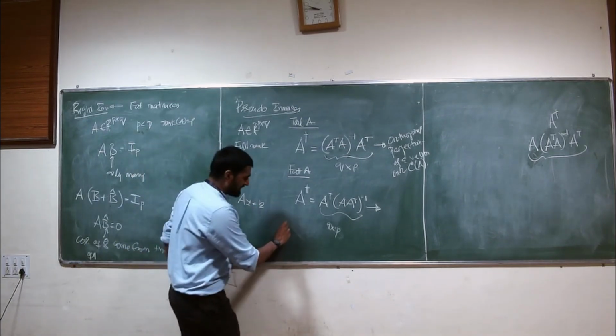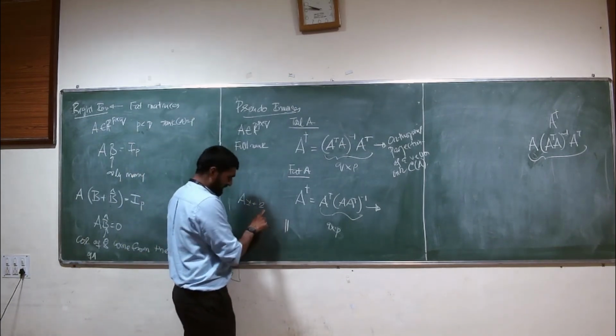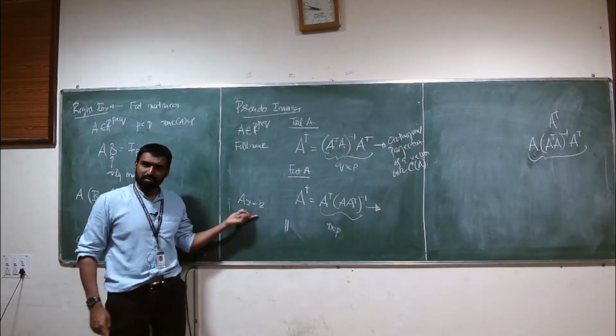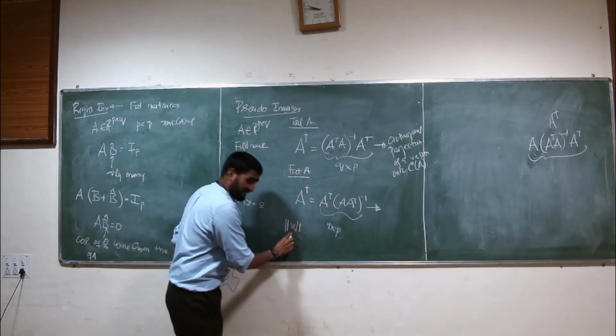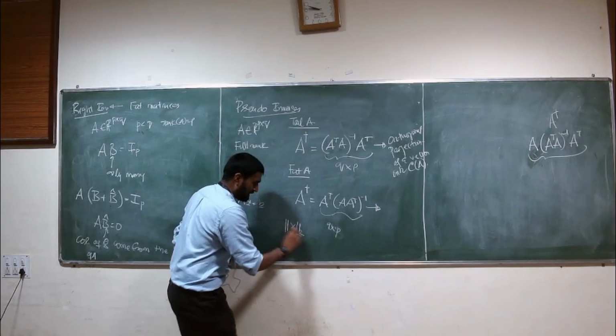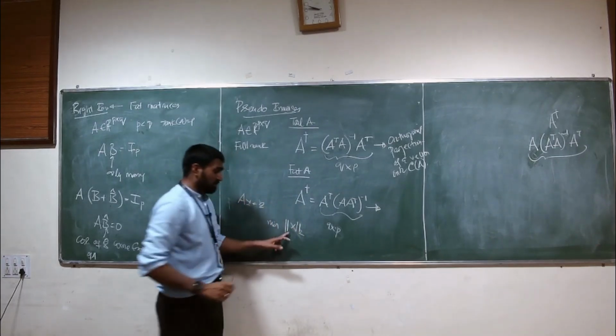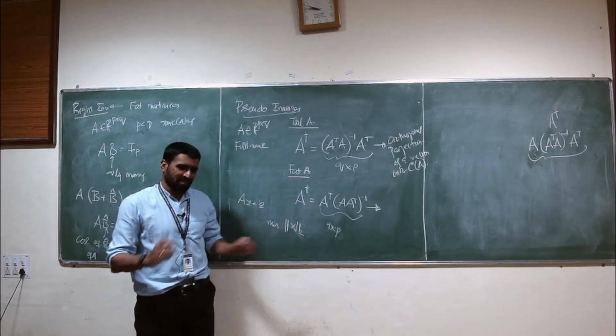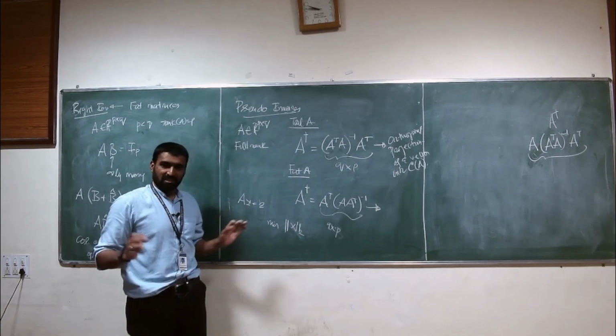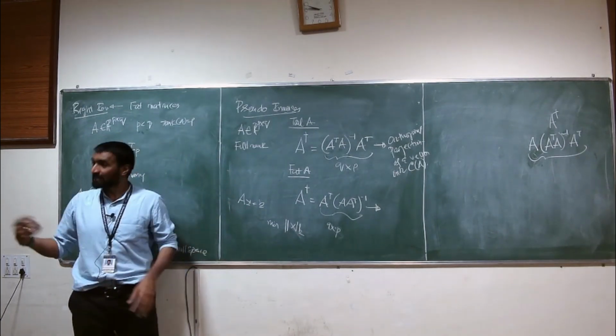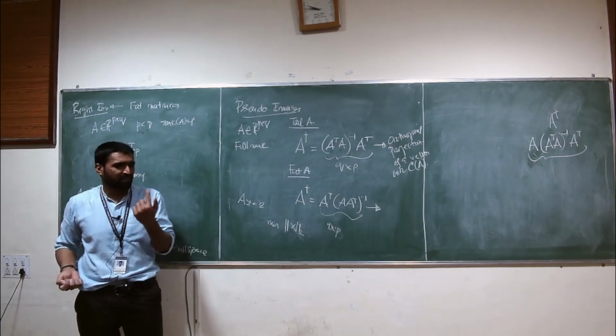If you set the criteria to be, I want a solution to this problem, and I want my x to have the minimum 2 norm, that means the length of the solution has to be the lowest.